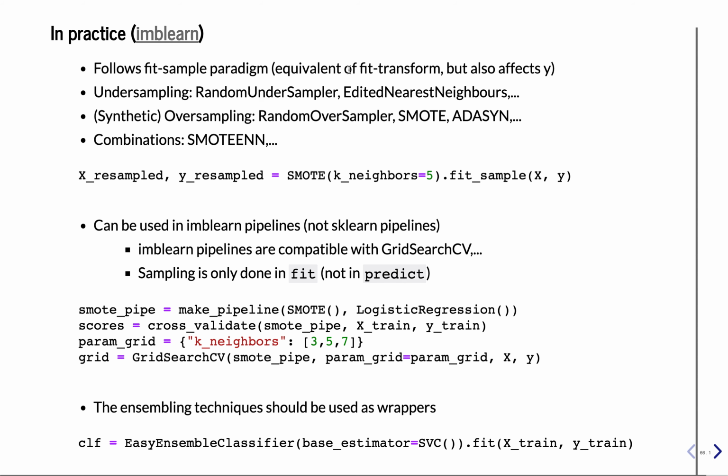Remember, in the normal fit-transform, it basically only affects X. We do give it Y because it needs it to fit the transformer, but it doesn't affect the Y. In this case, we do have to affect the Y because we're creating new samples, so we use the fit-sample paradigm.